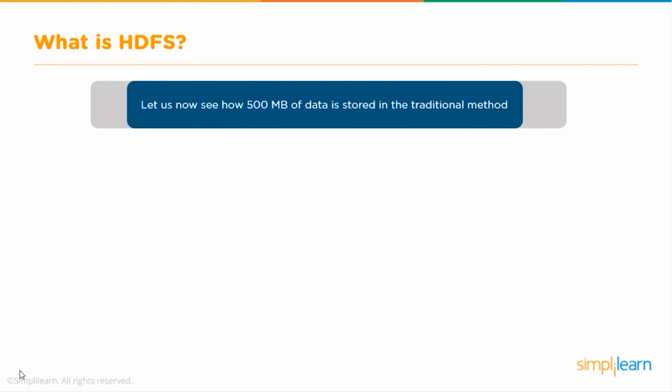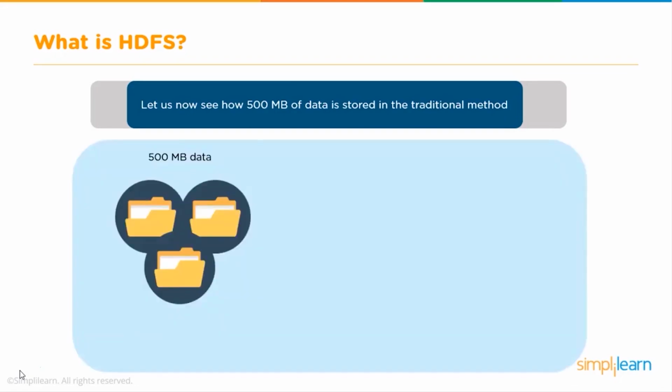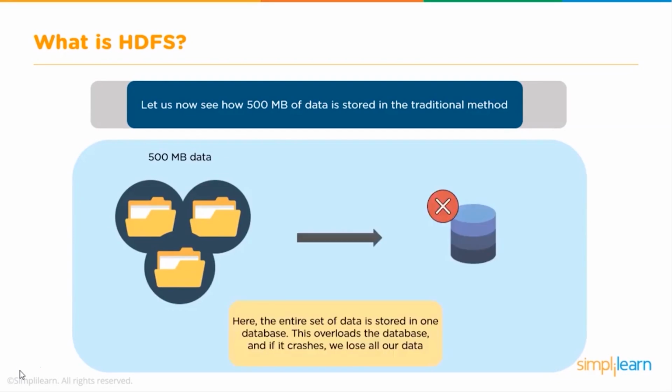So if we talk about 500 MB of data which is getting stored in a traditional method, this is how your 500 MB data would get stored. You would have the entire data getting stored in one database or underlying file system, which may overload the database, which may overload the file system, and the fault tolerance is pretty much zero.